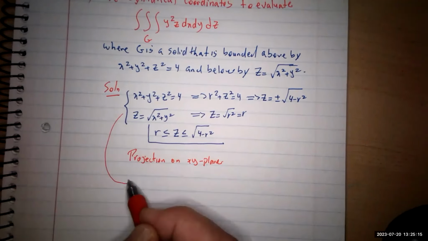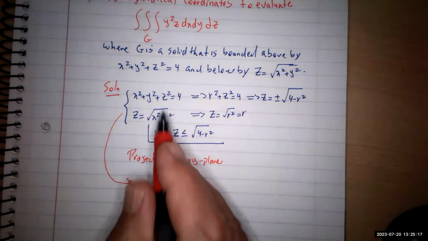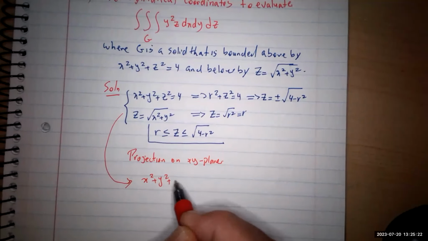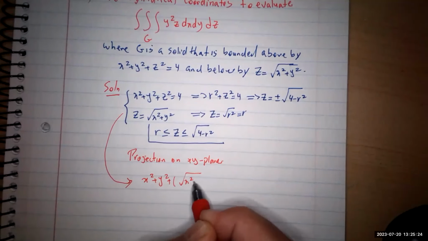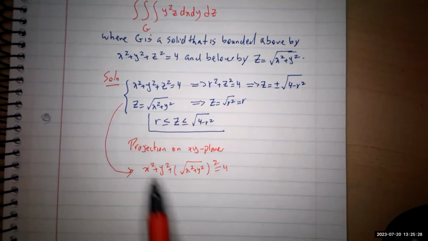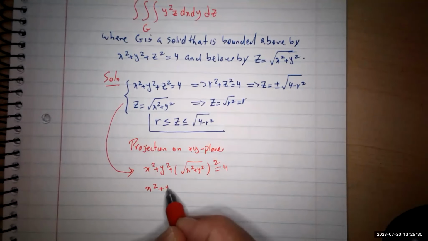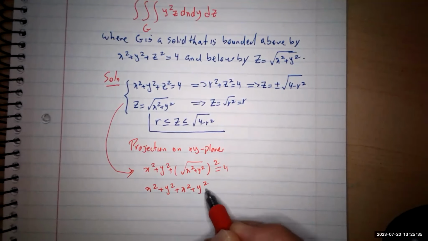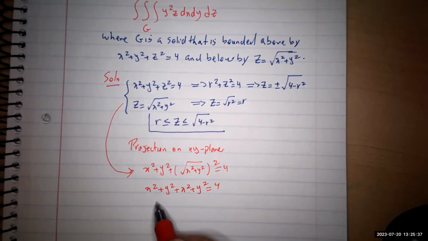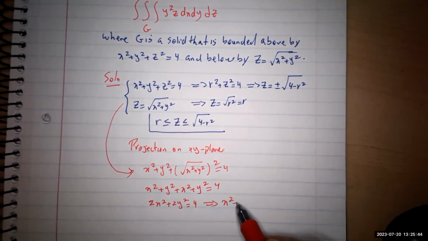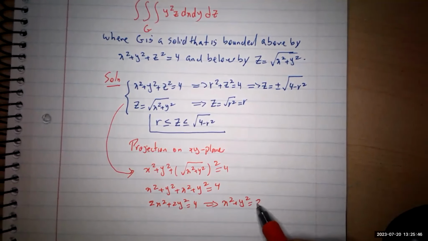The intersection means you substitute for the z, so that gives x squared plus y squared plus the square root of x squared plus y squared, all squared, equal to 4. So this would be x squared plus y squared, plus x squared plus y squared equal to 4. That gives you 2x squared plus 2y squared equal to 4, so x squared plus y squared equal to 2.